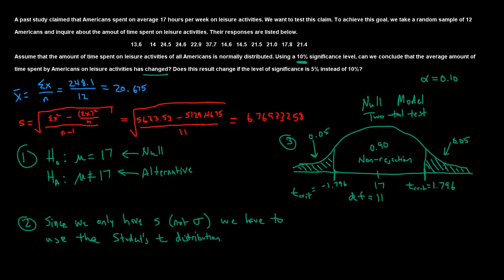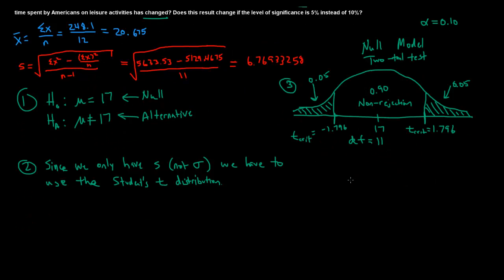That's how we're going to make that decision in just a few minutes. So that's step 3. We constructed our null model, labeled the rejection regions and the non-rejection regions, and found our critical values and the p-values. Now, let's go to step 4.